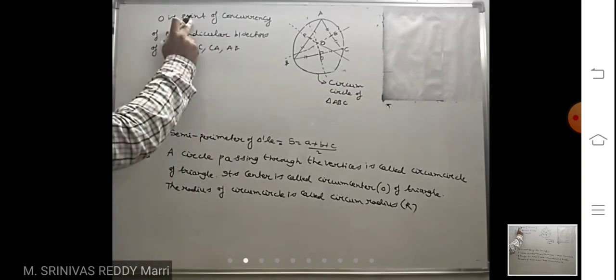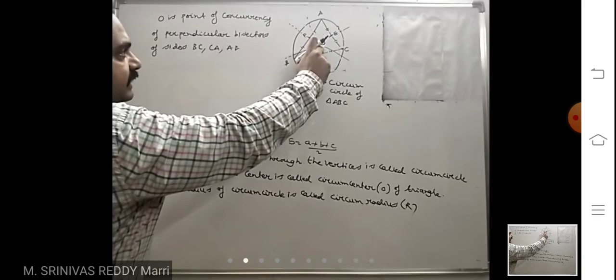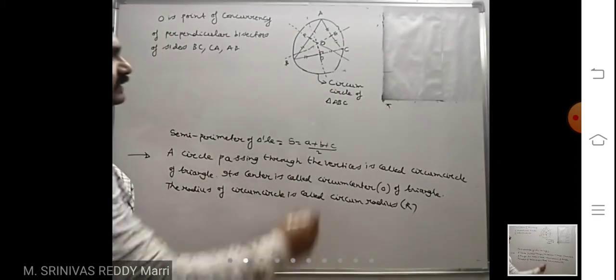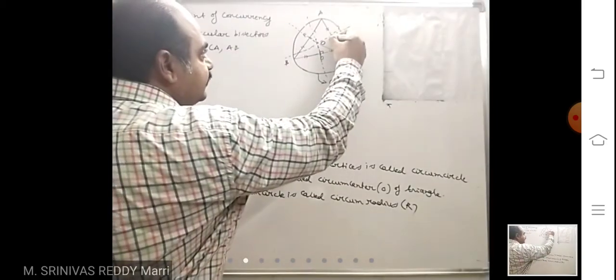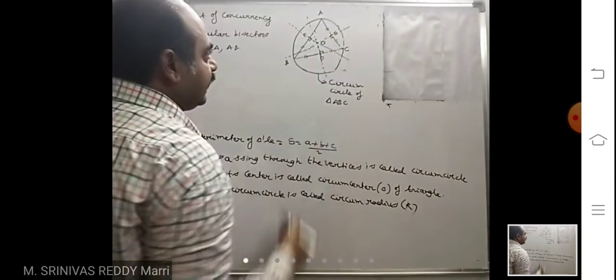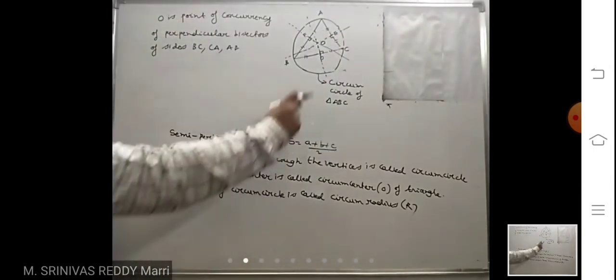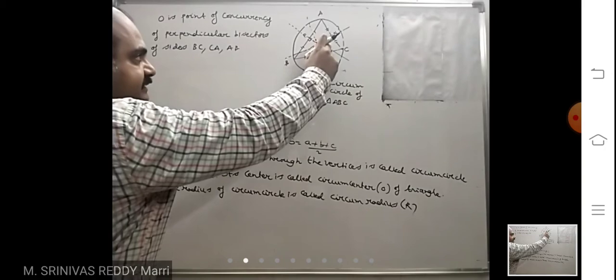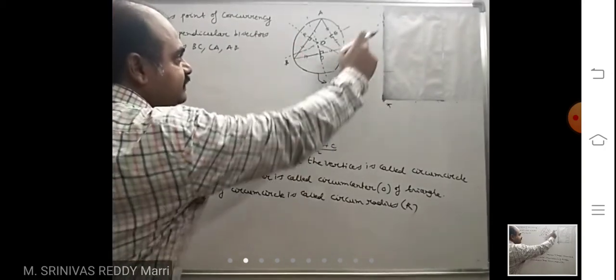Right? These three perpendicular bisectors will intersect at O. The intersection point of all three perpendicular bisectors is nothing but the center of this circle.